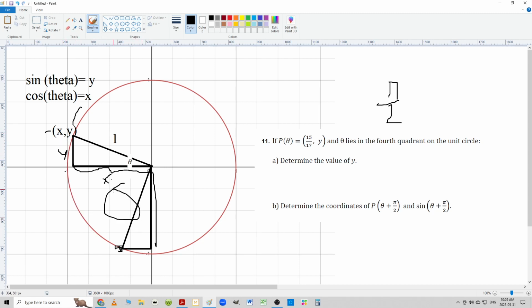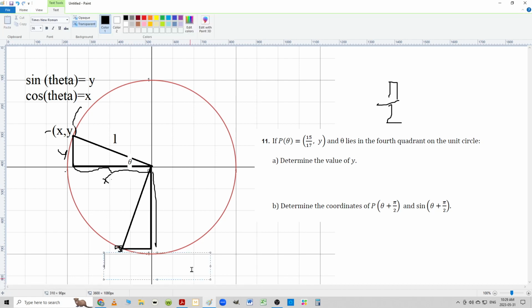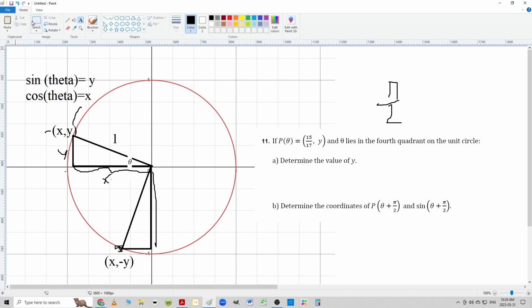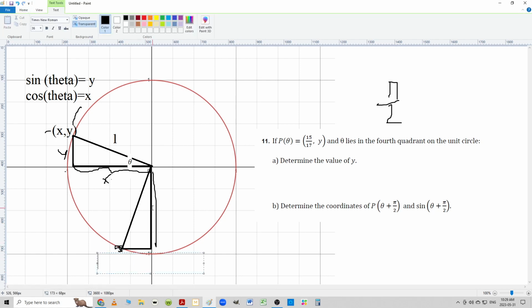It's also clear that I'm in this quadrant now. So x is still negative, so the x will have the same sign. But the y, which was positive in quadrant 2, will be negative. So whatever coordinates were here will be the same coordinates here, except swapped.